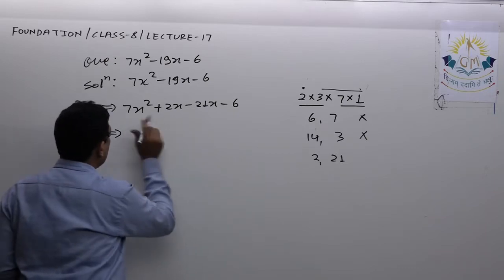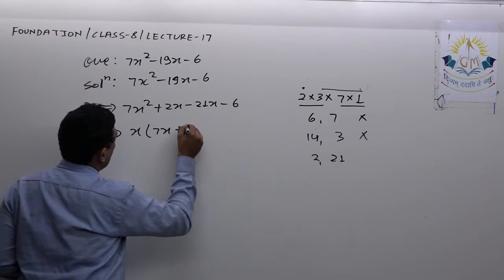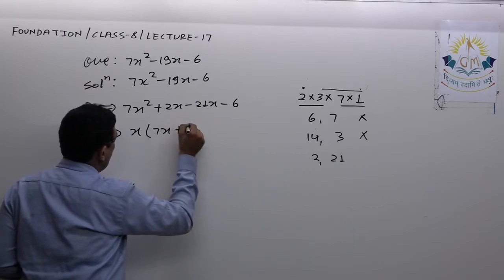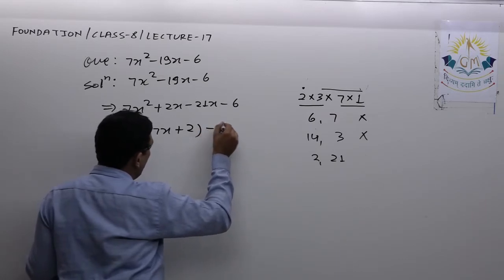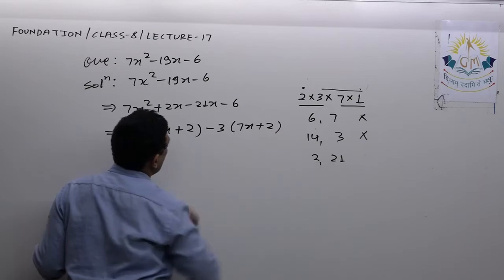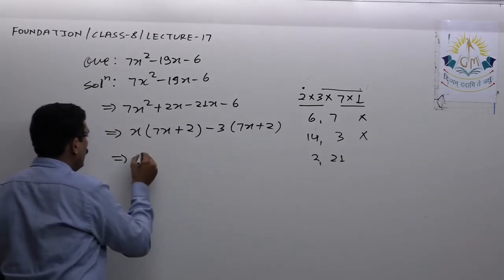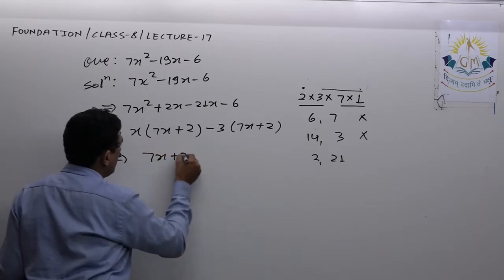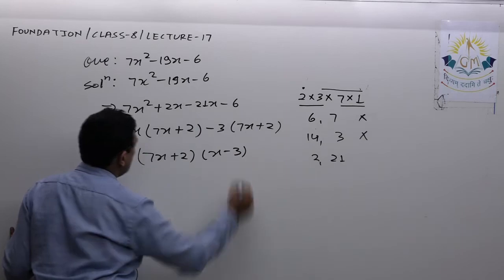Now from these two I can take x common, so 7x plus 2. From these I can take minus 3 common, so 7x plus 2. Now further, here I can write 7x plus 2, and over here it is x minus 3.